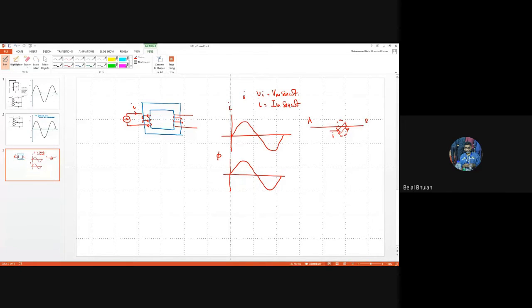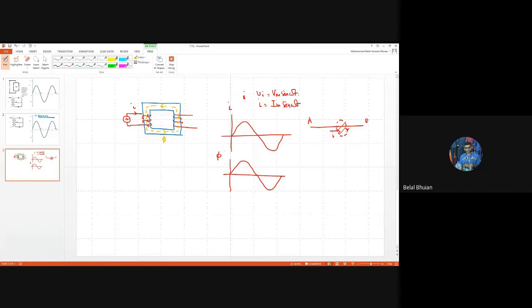And the magnetic field is always a closed loop. If you apply the right hand rule, this is the path for the magnetic flux phi.